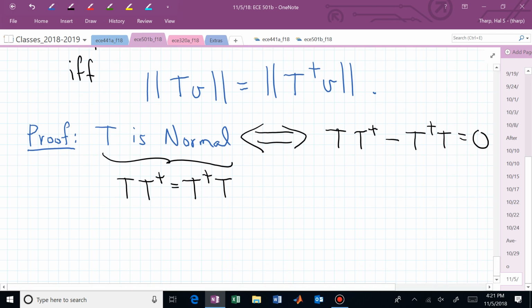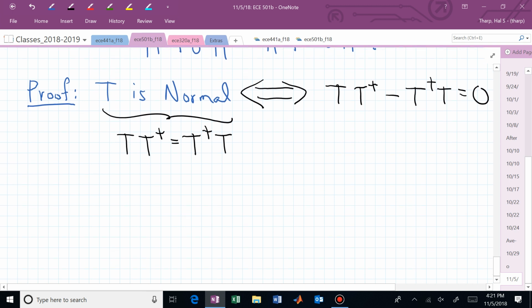But now I can view that T T dagger minus T dagger T as a linear operator, which is the 0 operator. And if that's the case, I can actually use it in an inner product.